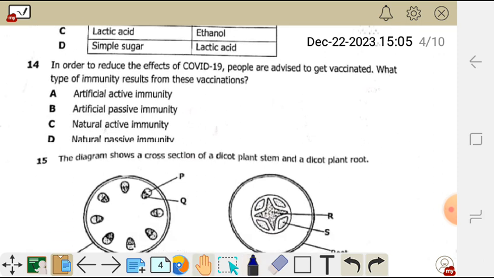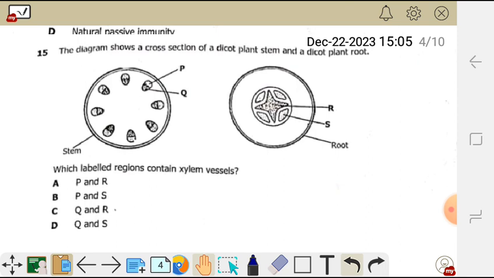We move on to question 15. The diagram shows a cross-section of a dicot plant stem and a dicot plant root. Which labeled regions contain xylem vessels?